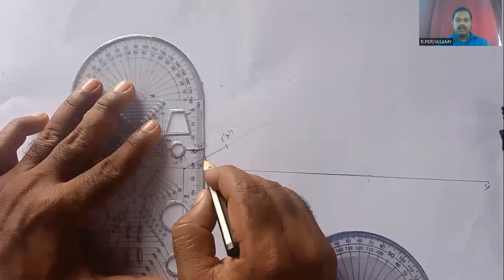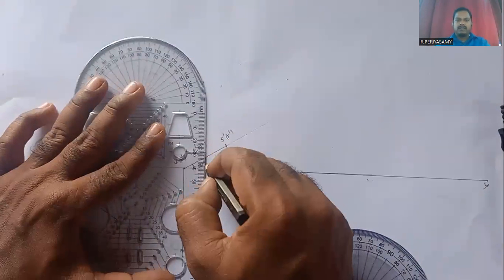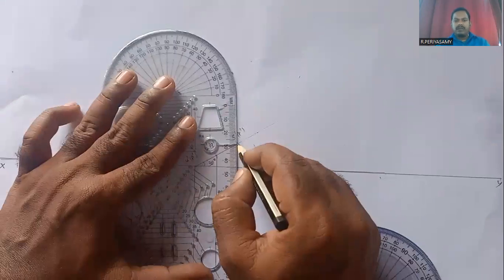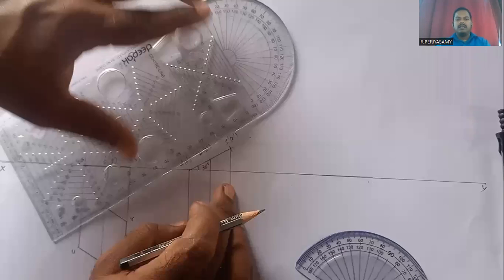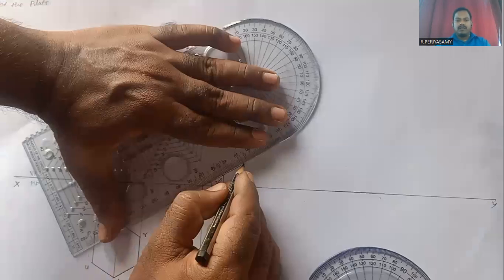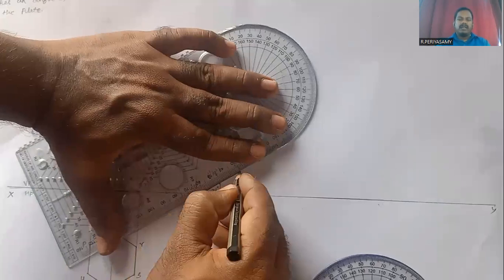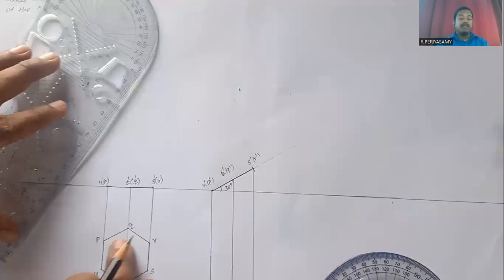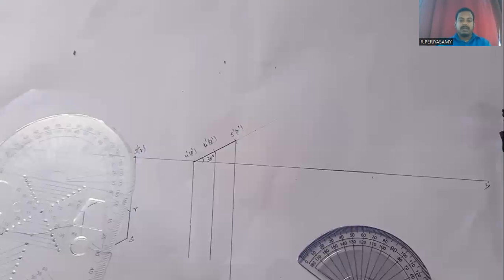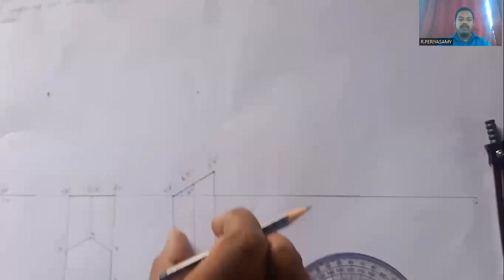We draw the top view points in the downward direction. For the purpose of the 30-degree inclination to the HP, we draw the downward lines from the front view points.